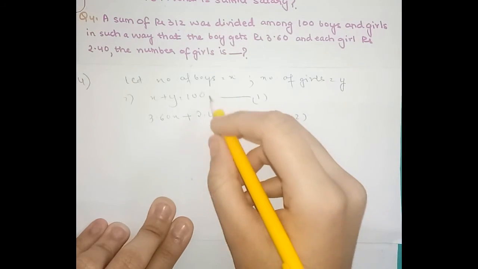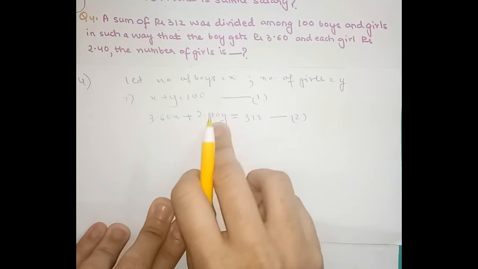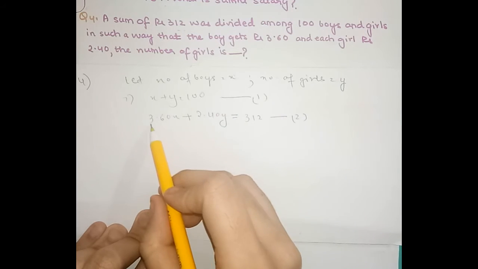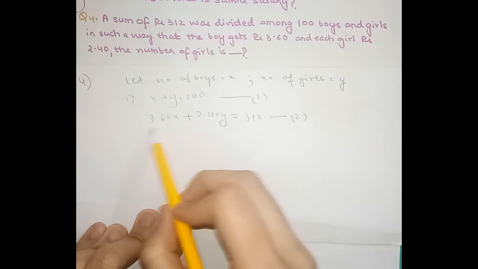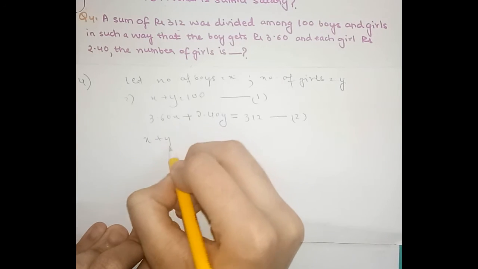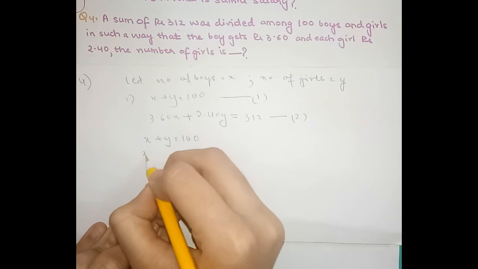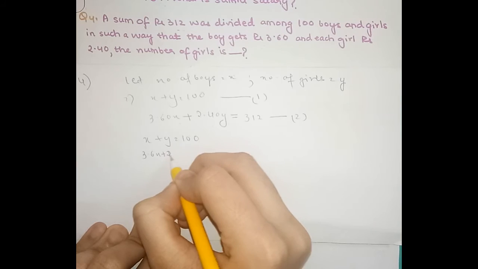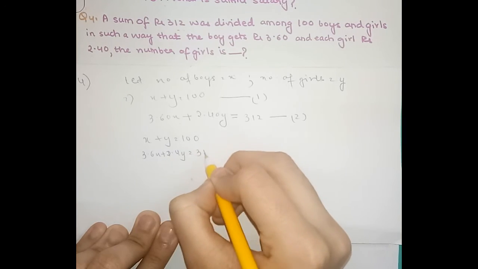Now if we solve these two equations simultaneously, what are we going to get? Suppose I try to eliminate the x portion. I have x plus y is equal to 100 and 3.6x plus 2.4y is equal to 312.